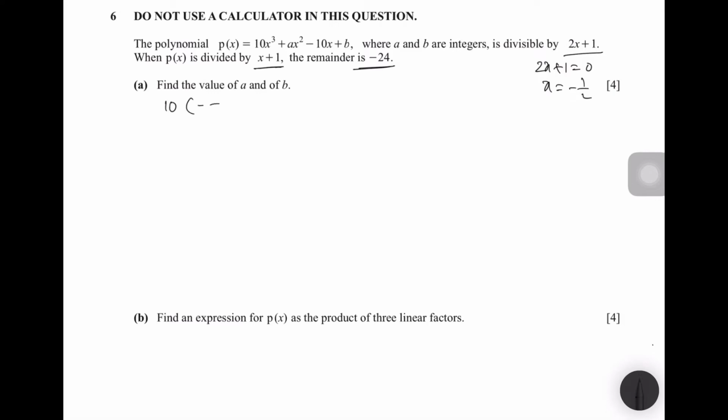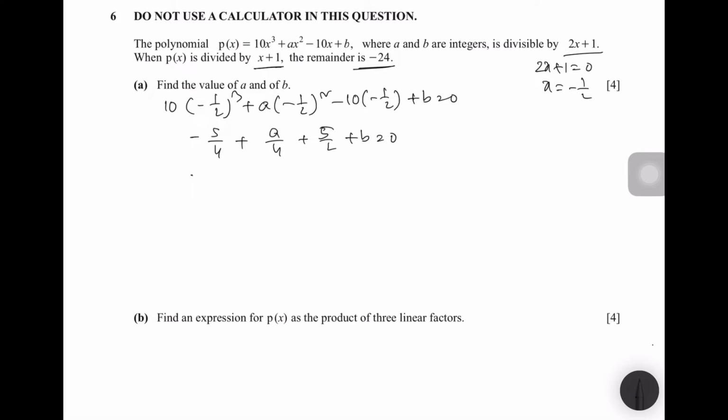10 times minus half whole cube plus a times minus half square, minus 10 times minus half plus b equals 0. Let us simplify. It is minus 10 by 8, plus a by 4, plus 5, plus b equals 0. So multiply all these things by 4.